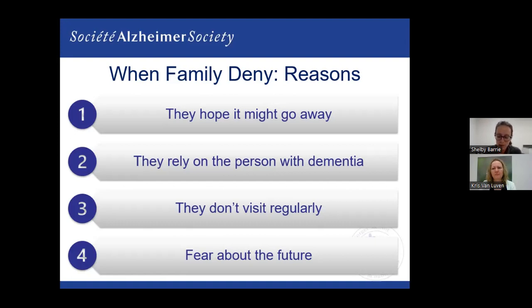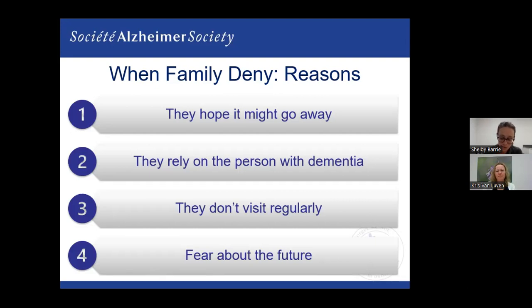Families might deny that a person has dementia if they rely on that person, whether that's physically, emotionally, socially, or even financially, if the person is being diagnosed at a younger age. So by acknowledging that the dementia is real, family members may have to come to terms with an inevitable shifting of roles and responsibilities.